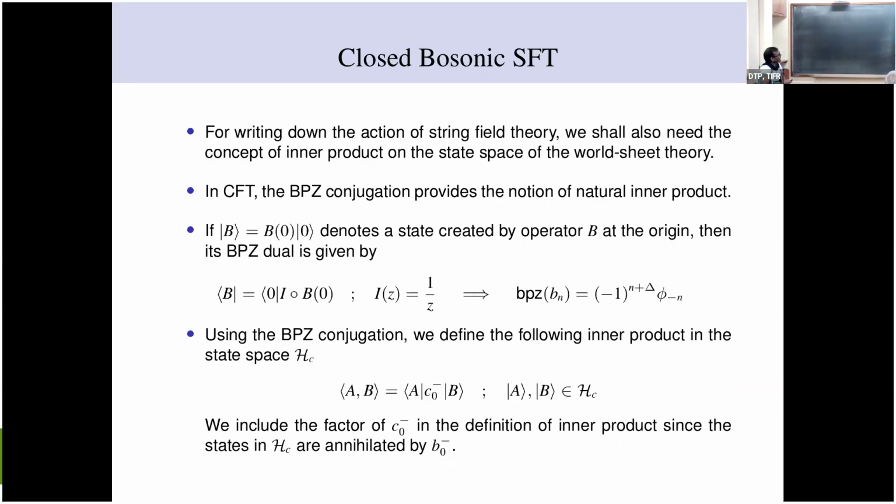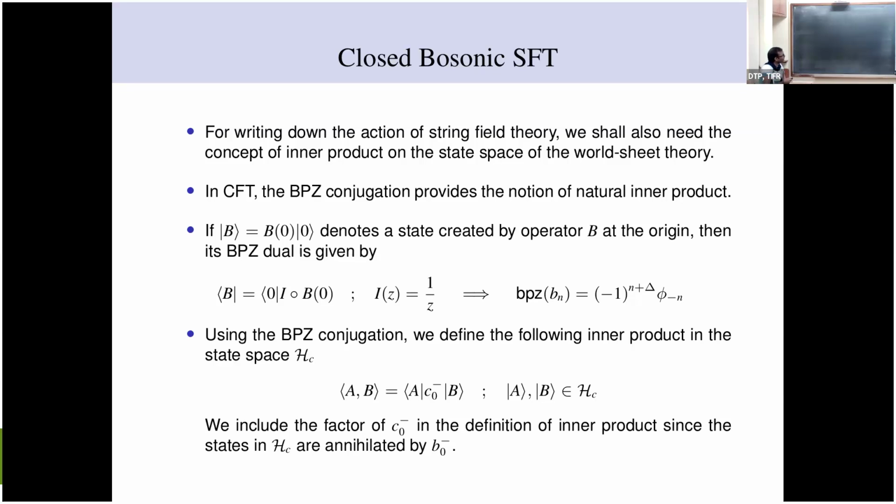And for writing down the action of string field theory, we shall also need the concept of an inner product in the state space of the worldsheet theory. So the worldsheet theory is described by some CFT, and we need a notion of inner product in this conformal field theory. So in CFT, say in two-dimensional CFT, the BPZ conjugation is a natural notion of inner product.